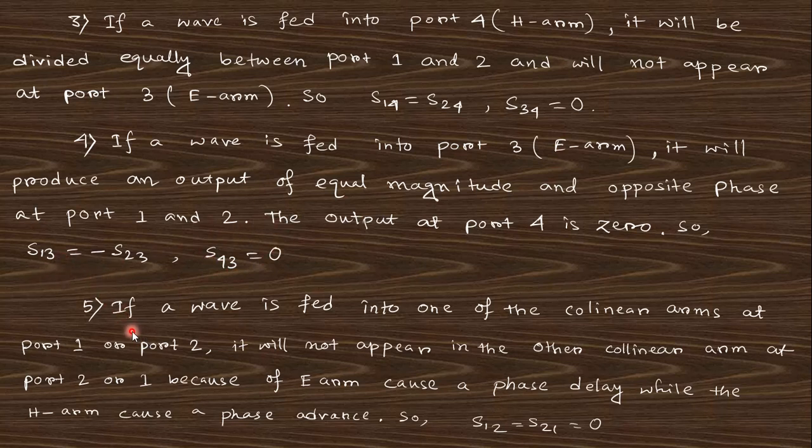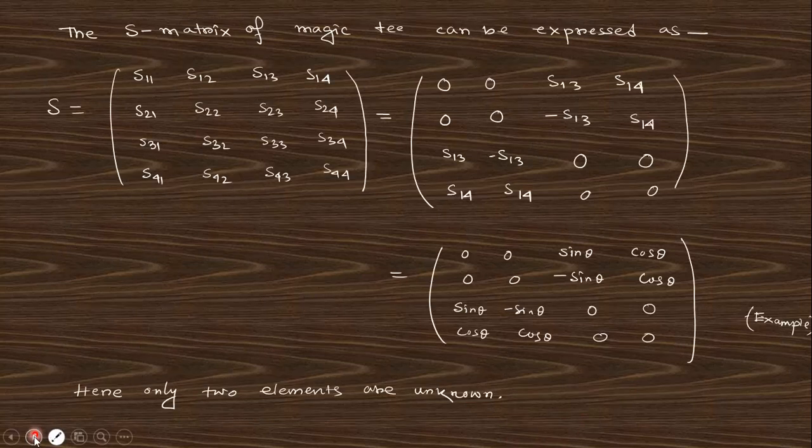The next point is, if a wave is fed into one collinear arm, at port 1 or 2, it will not appear in the other collinear arm at 2 or 1, because the E arm causes a phase delay while the H arm causes a phase advance. That's why this will be 0.